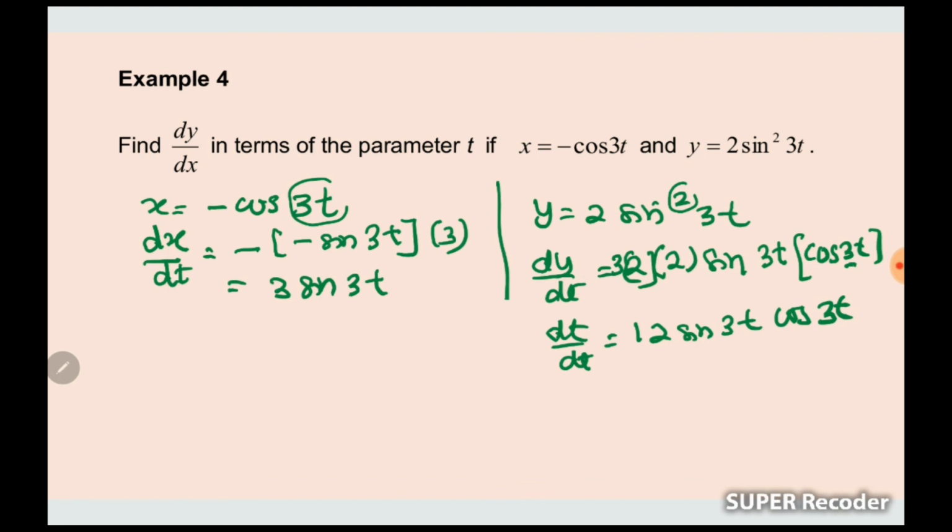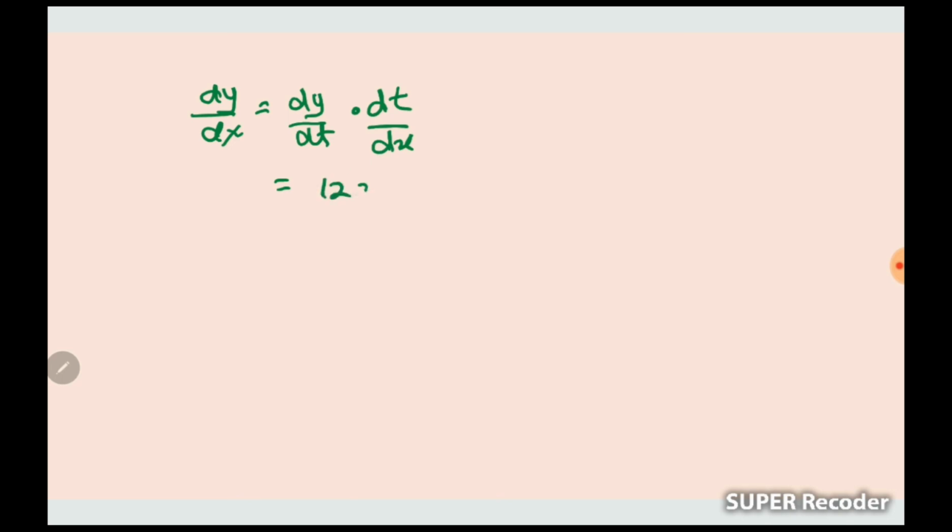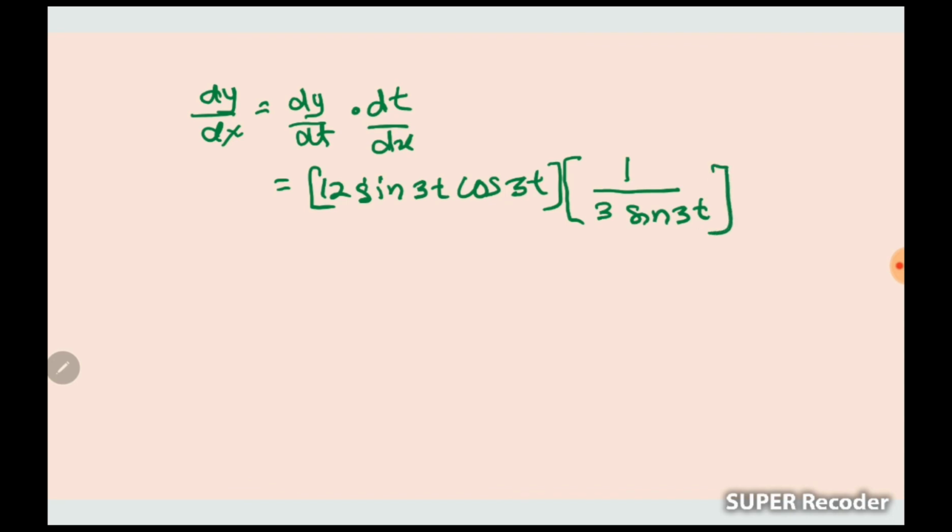Then, to find dy/dx, we need to use these two results. dy/dx is equal to dy/dt multiplied with dt/dx. So dy/dt is equal to 12 sin 3t cos 3t. dt/dx is equal to 1 over 3 sin 3t.